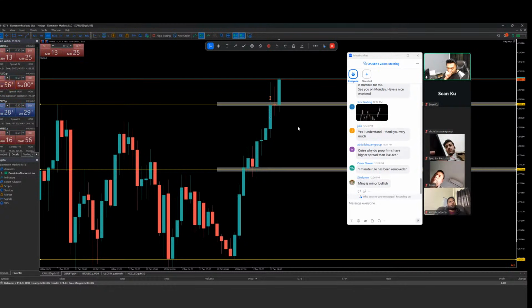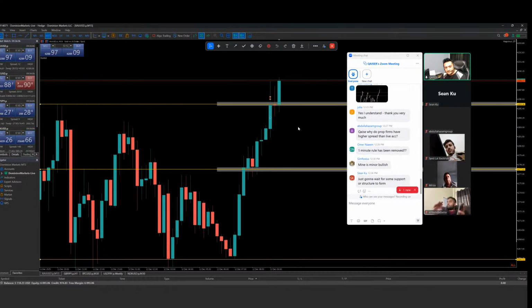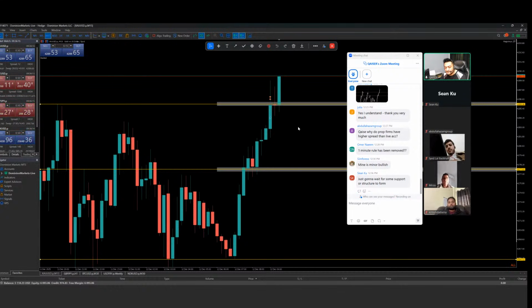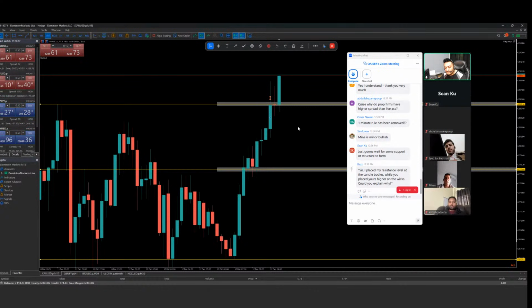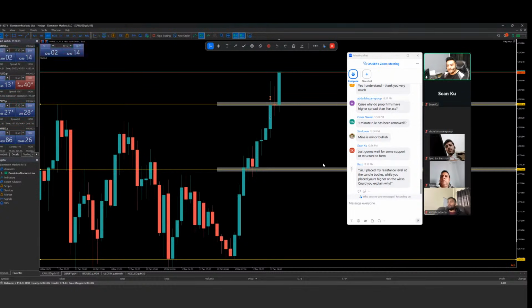Whenever this kind of bullish momentum is going on, most of the time I never try to go with a counter trade setup. If I can see this kind of bullish momentum on the charts, with strong volume, I try to avoid a counter trade setup in these scenarios.